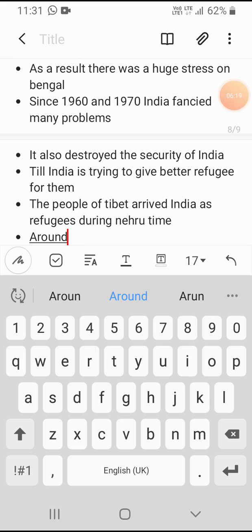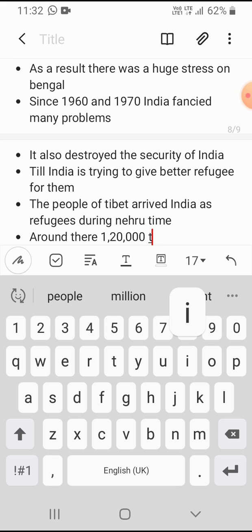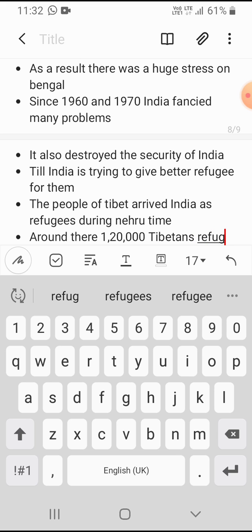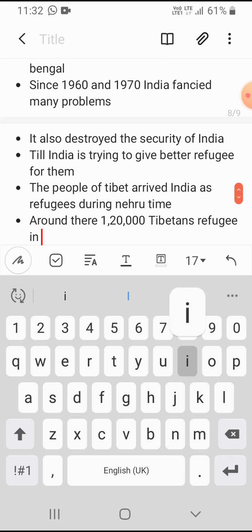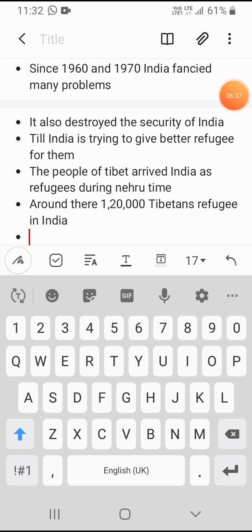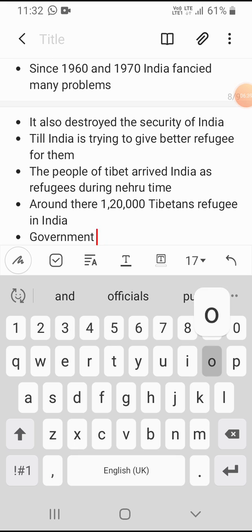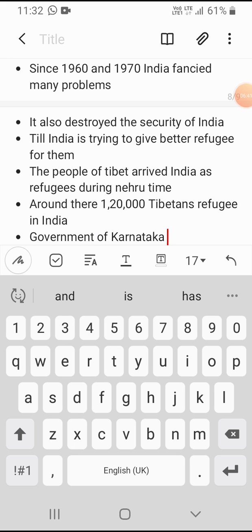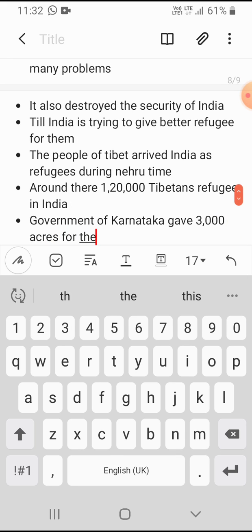Around 1,20,000 Tibetan refugees are in India, and the government of Karnataka gave 3,000 acres for them in Bylakuppe.